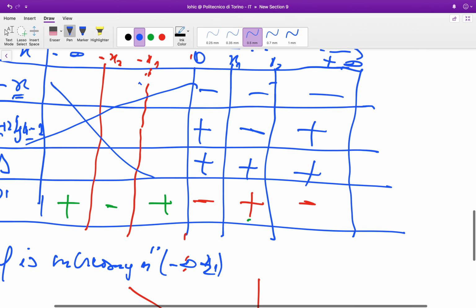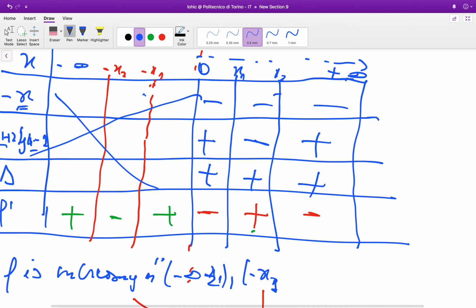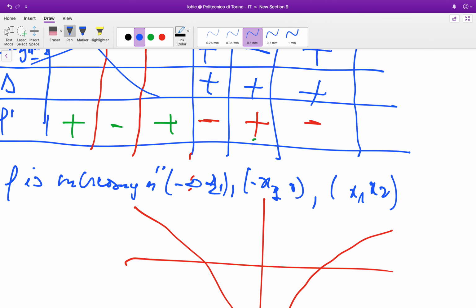Then in this one, from minus x1 to 0, and from x1 to x2. These are the intervals where the function is increasing. And the other intervals are where the function is decreasing.